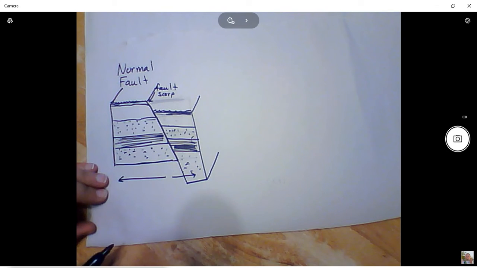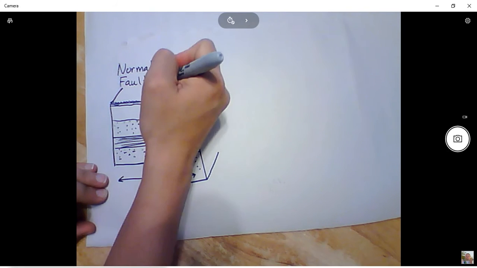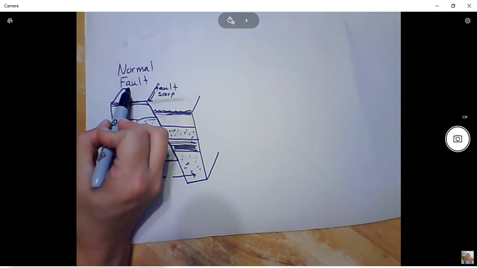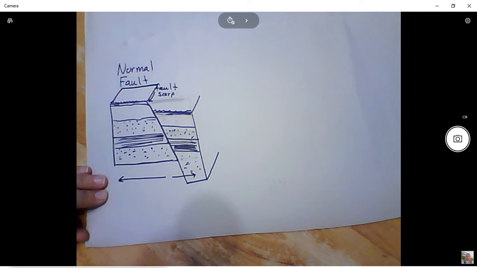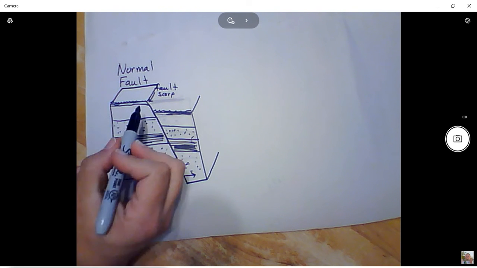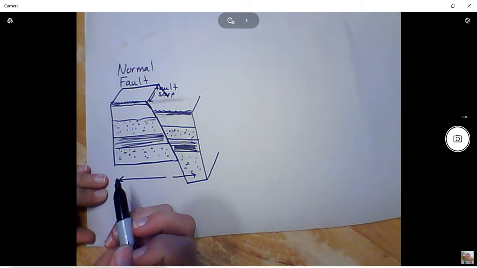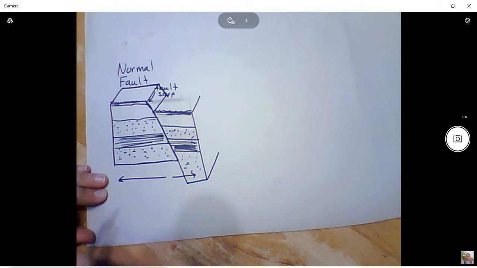All right, let's go ahead and draw ourselves a reverse fault. And let's see how that would look in the opposite or reverse way. All right, so the reverse fault here, go ahead and write reverse fault.